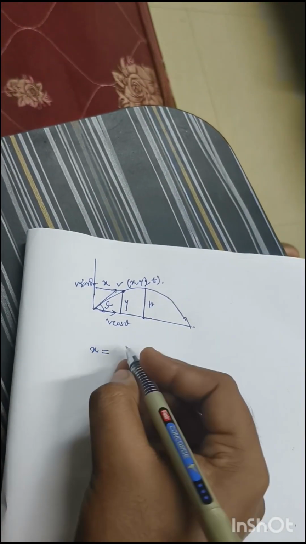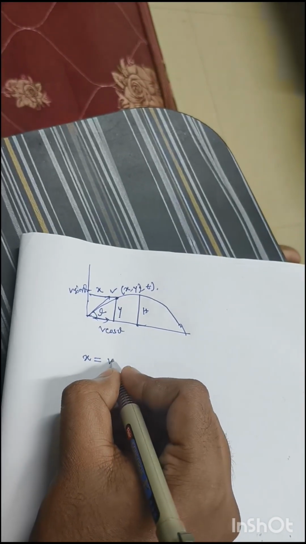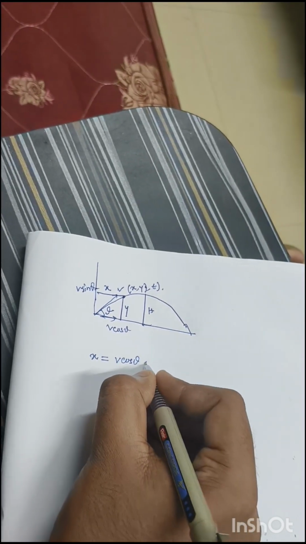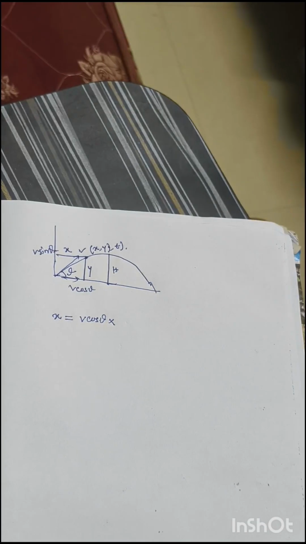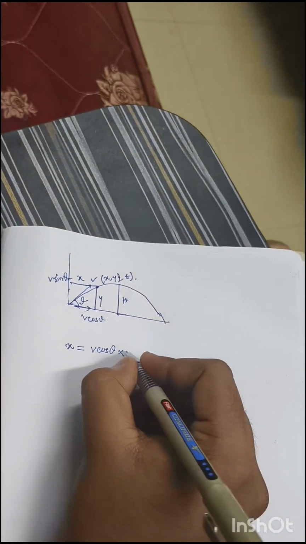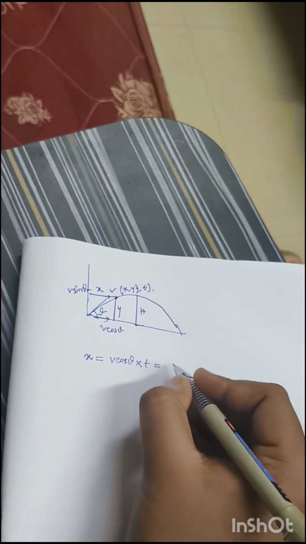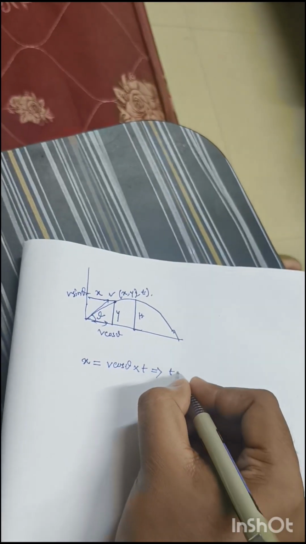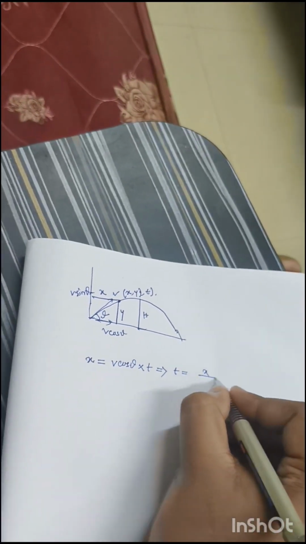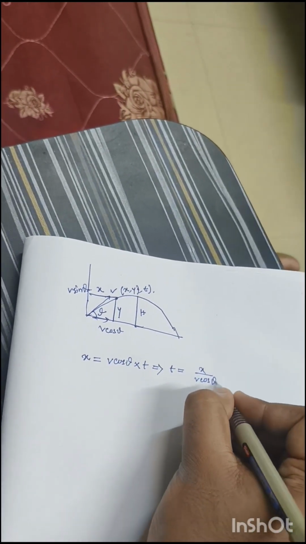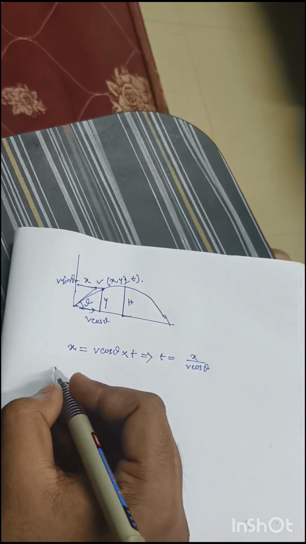For x, we can see that v cos theta, as the horizontal velocity is constant, into t. So t is equal to x by v cos theta. Now we can calculate y.